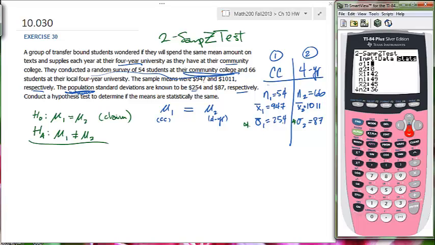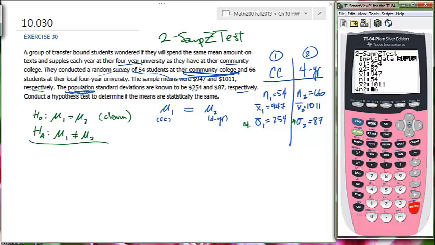Our sigma 1 is known to be 254. Our sigma 2 is 87. Our x1 bar, 947. Our n1 is 54. x2 bar is 1011.